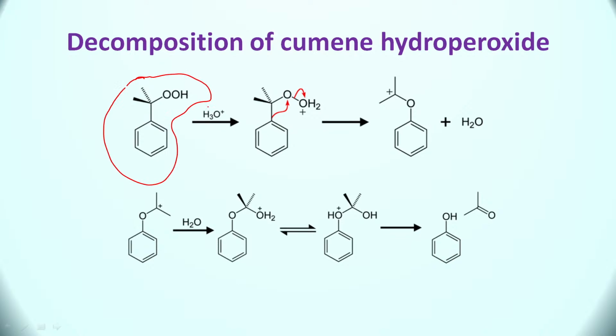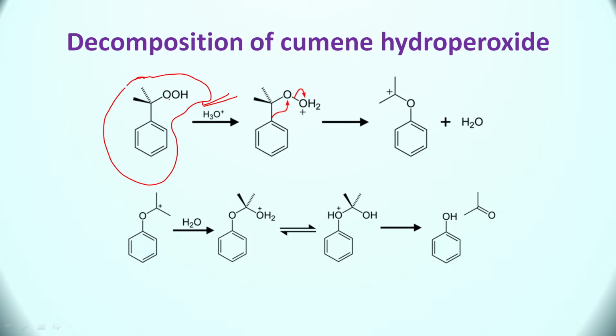Upon acidic hydrolysis, there is a migration of this phenyl group to the oxygen, and you will get this intermediate. First there is an attachment of H plus, so this one will become OH2 plus, and OH2 plus is a better leaving group.